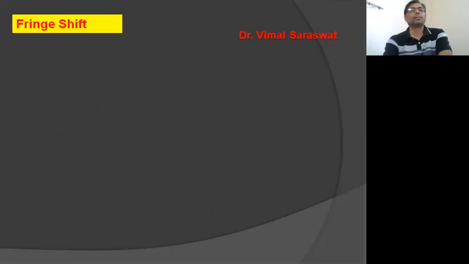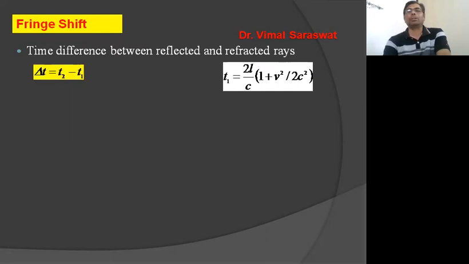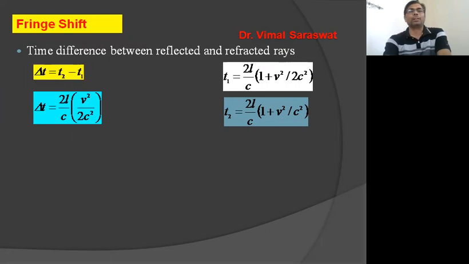Now the fringe shift. Time difference between reflected and refracted rays is ΔT equals T2 minus T1. T1 is equal to 2L by c, (1 + v²/2c²). T2 equals 2L upon c, (1 + v²/c²). So ΔT is equal to 2L upon c, (1 + v²/c² − 1 − v²/2c²).